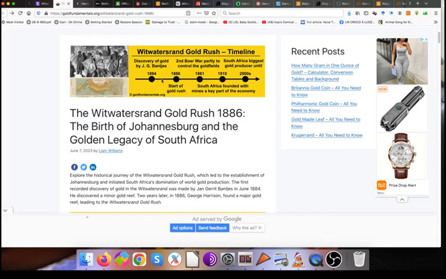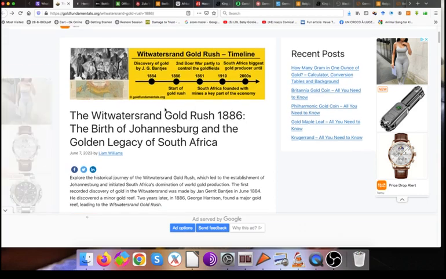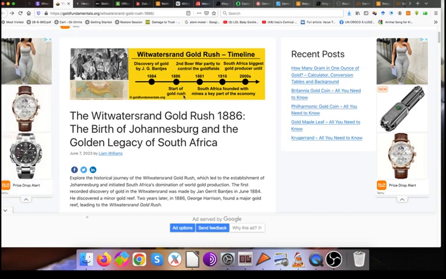Gold was especially in demand during this point in time, and you had the Witwatersrand gold rush, which started in 1886 in areas around Johannesburg in South Africa. So that was the demand for resources being a catalyst for colonization of Africa.